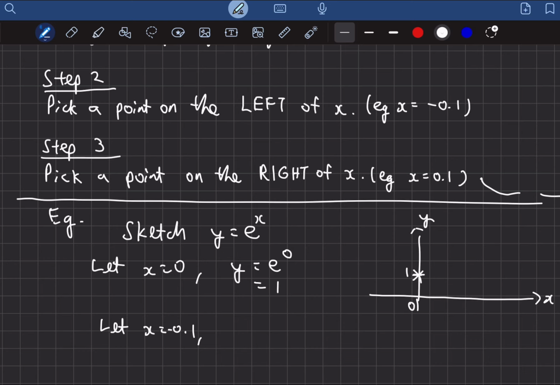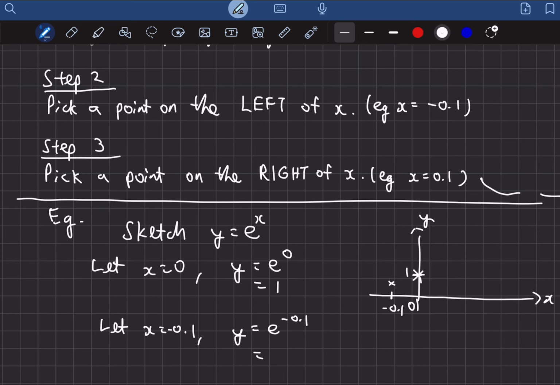You can choose any other value, but I like to choose it very close to x equals to 0. So we have y equals to e to the power of negative 0.1. If you key in the calculator, I have 0.9 something. So maybe somewhere around here.